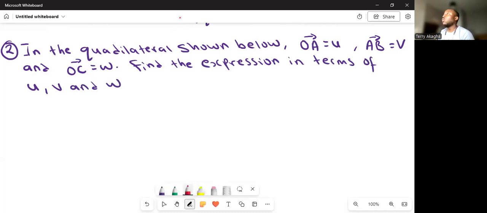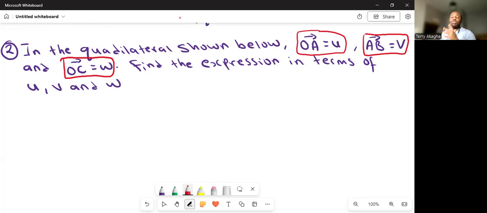Okay, so we're told OA was equal to U, AB was V, and we're told that OC was equal to W. So usually I prefer to highlight the most important part of questions so that I will not lose track.